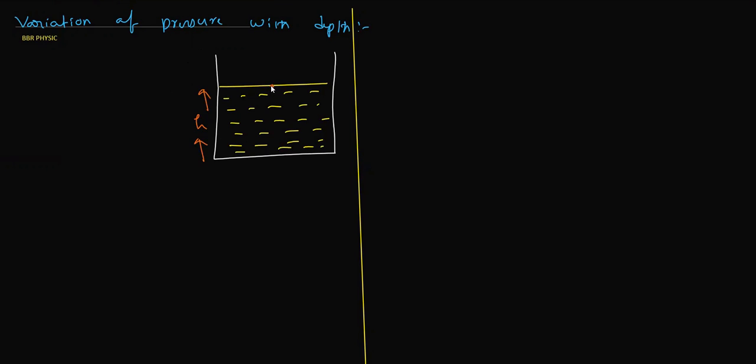Since it is open to the atmosphere, let me take atmospheric pressure as P naught. The total mass of the liquid is assumed to be concentrated at a point B. The weight acting downward is mg. The density of the liquid is taken as rho.